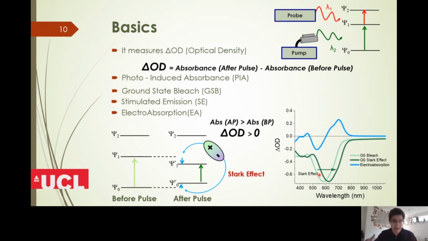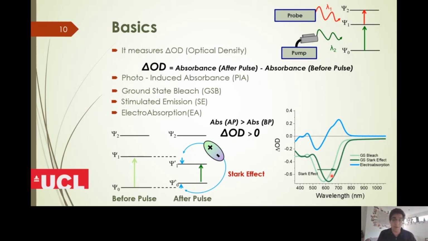Here you can see how the effect of the electric field of this species is going to decrease the energy levels of your material. Your HOMO and LUMO are going to be changed. Well, actually, your ground state and your very excited state are going to be changed, are going to decrease. This means that the absorbance of the material after the electric field is going to be redshifted.